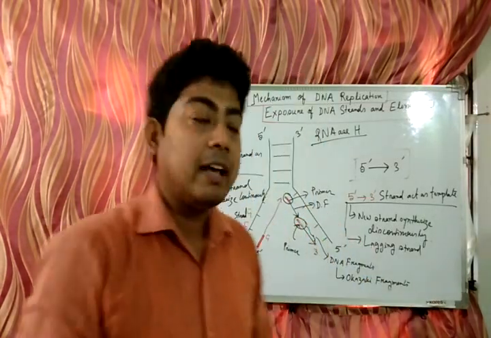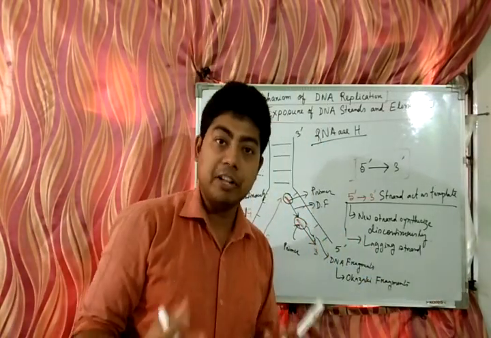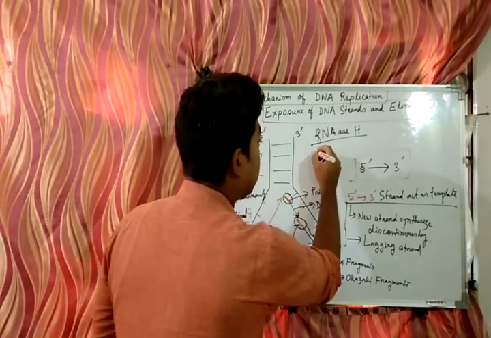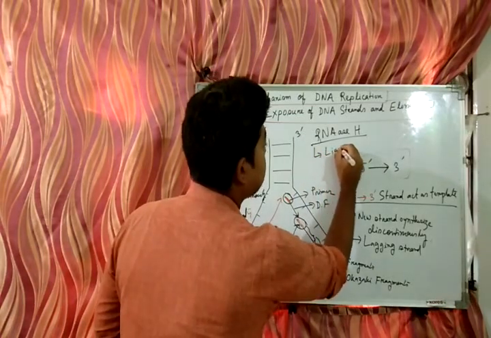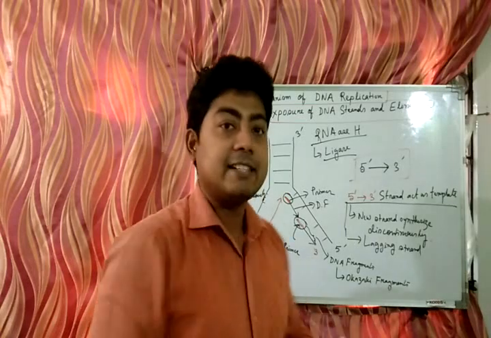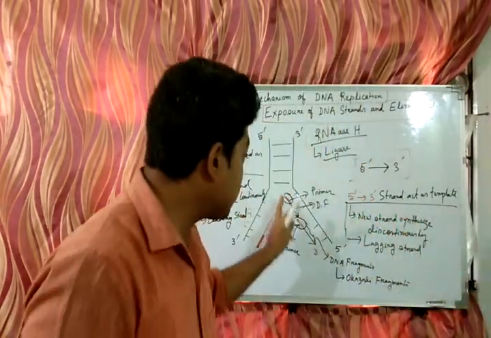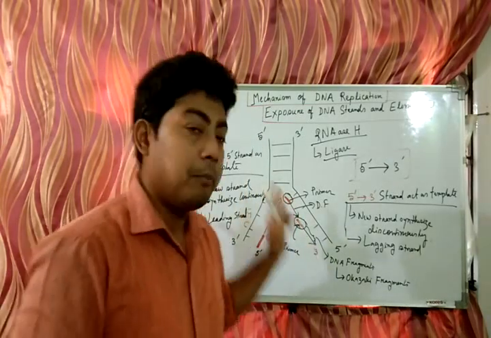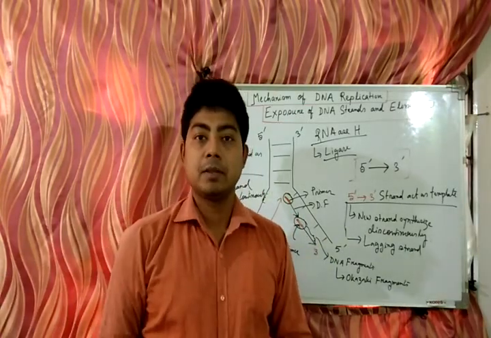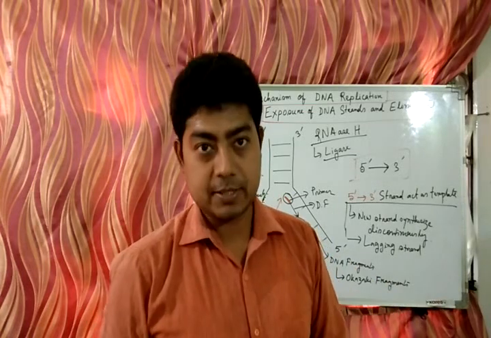And another enzyme, which we already discussed in the protein lectures, is called ligase. That ligase enzyme finally ligates the DNA fragments, and that discontinuous strand also becomes continuous. That is the elongation process.